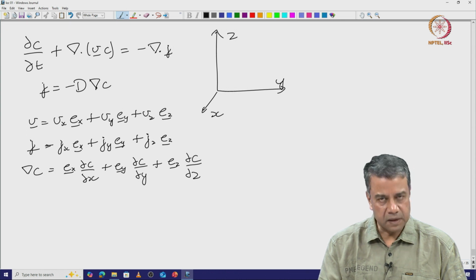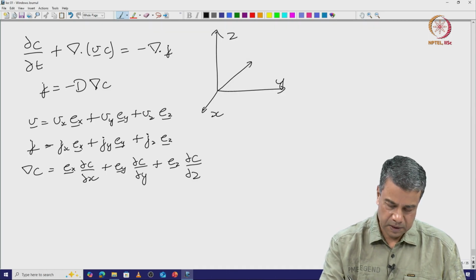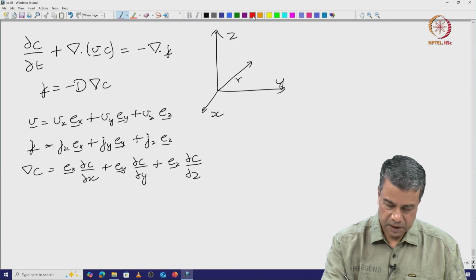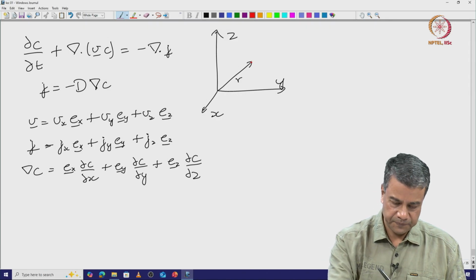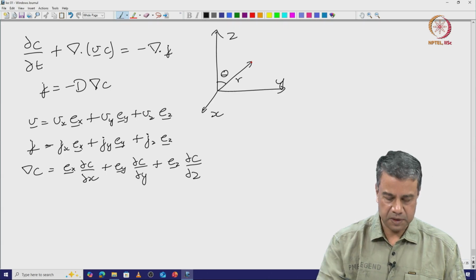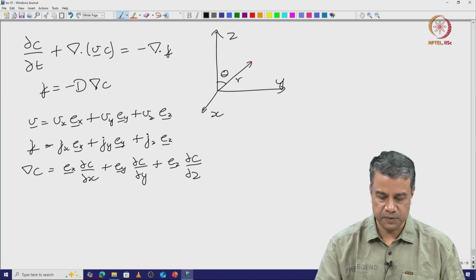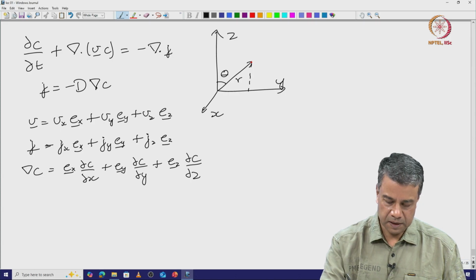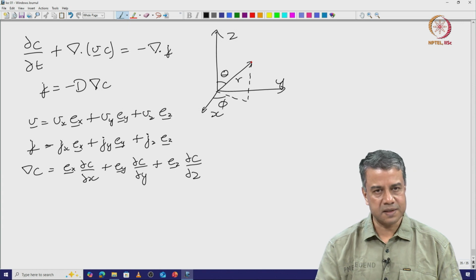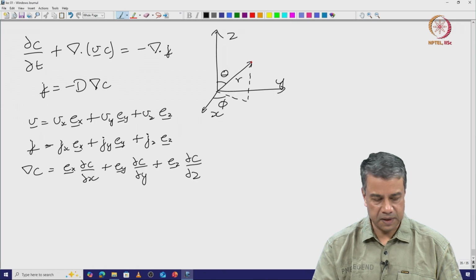And in a different coordinate system, a spherical coordinate system for example, the 3 coordinates are the radius r, the distance of a point from the origin, the angle theta made by the position vector with respect to the z axis, referred to as the azimuthal angle, and the angle that the projection of the radius vector in the xy plane makes with respect to the x axis.